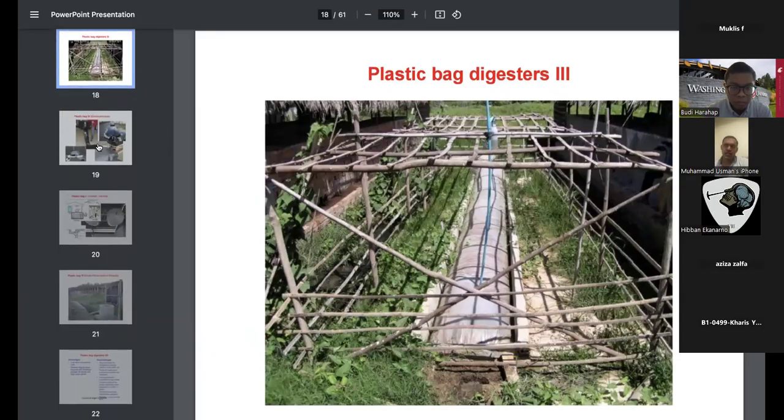They have used some kind of protection over the digester, because there is a common issue with this type of biogas plant: stray animals or children may puncture it. That's why they have used a protection of bamboo, so that a stray animal cannot go inside the digester or cause a leakage problem.